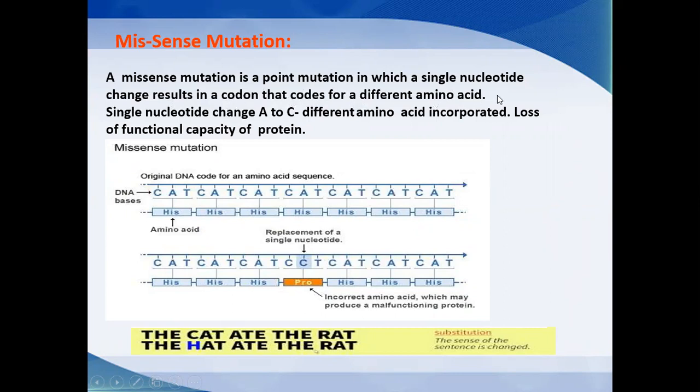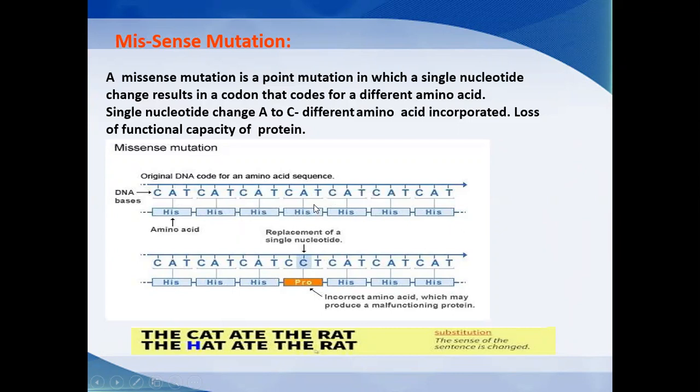a different amino acid. Here we can see CAT is a continuous nucleotide sequence present in the DNA molecule. This nucleotide sequence recognizes histidine.